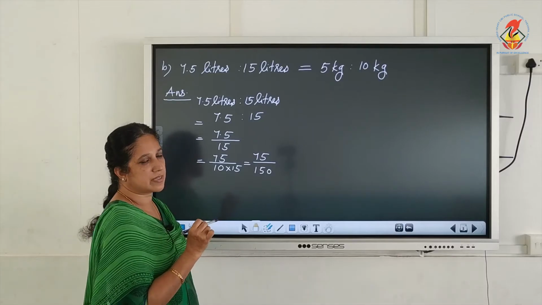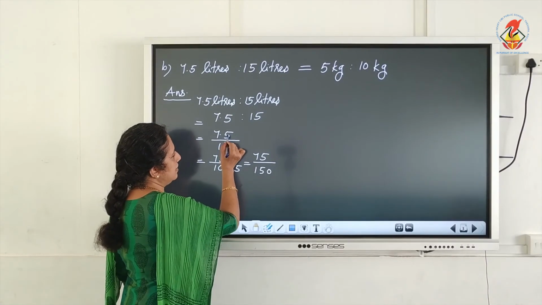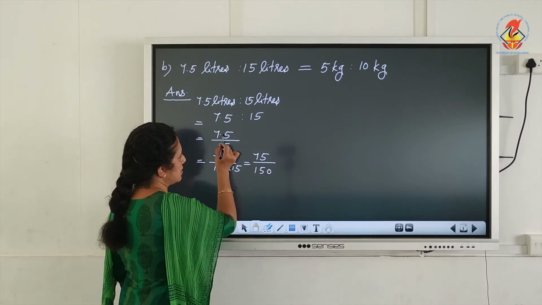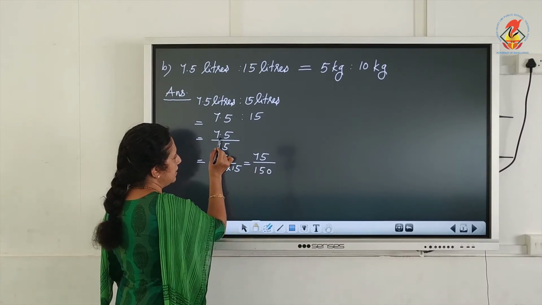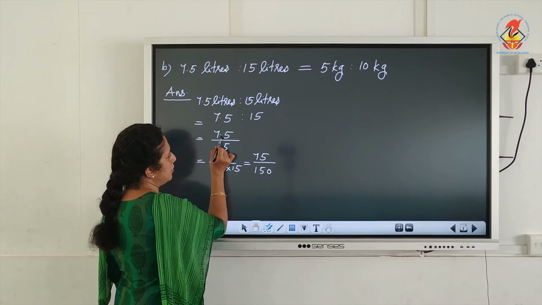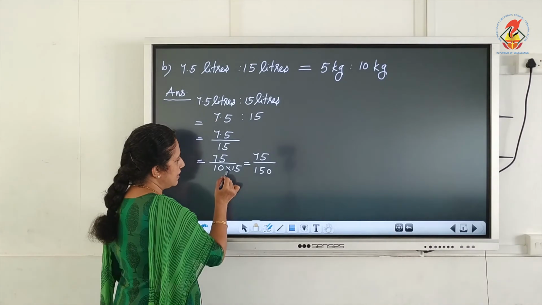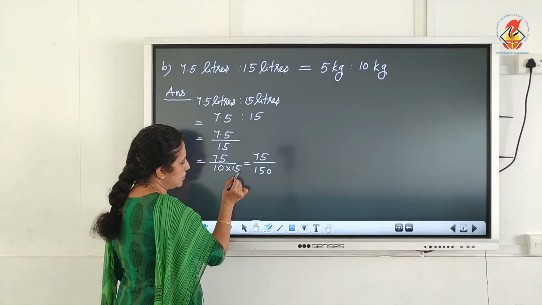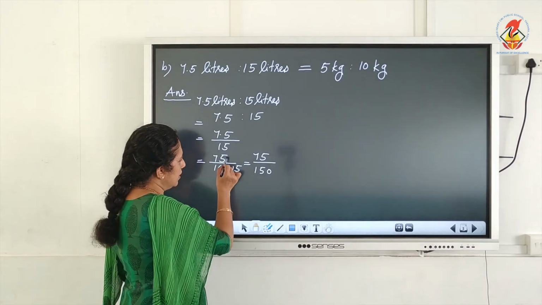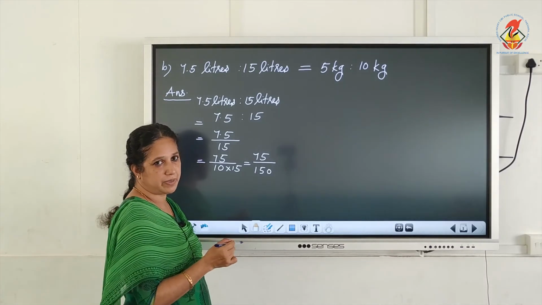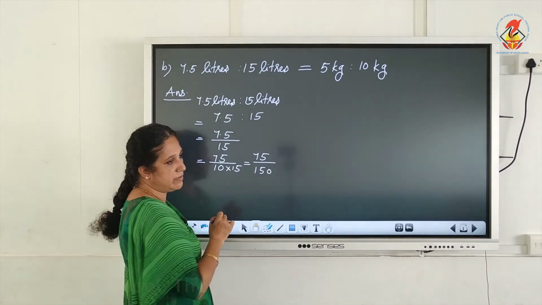So the fraction is converted into 75 by 150.